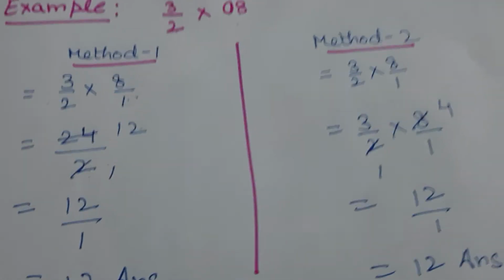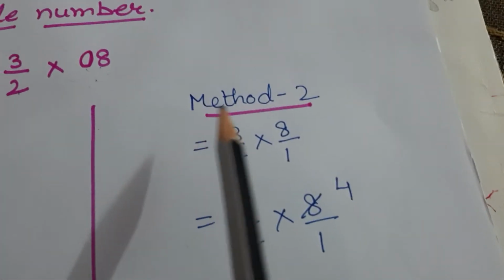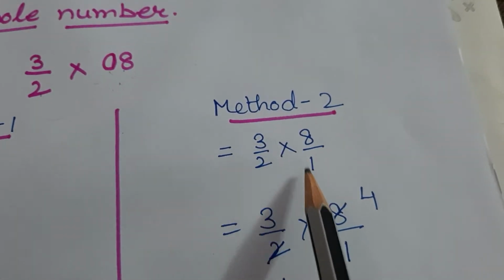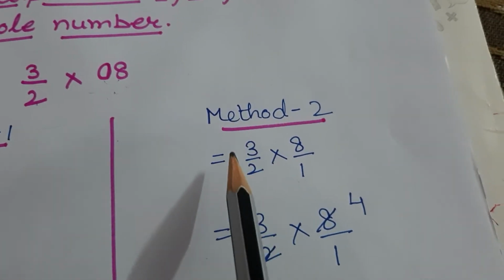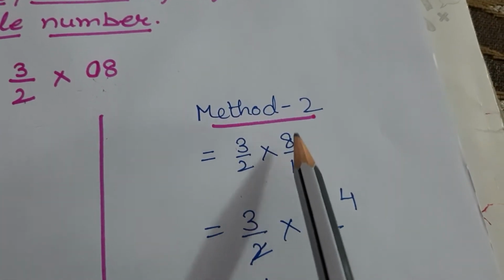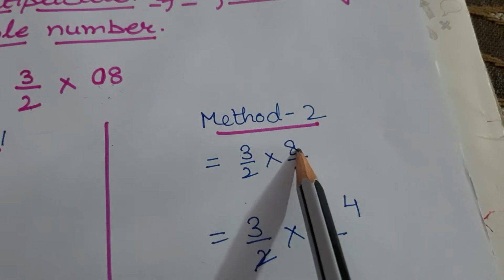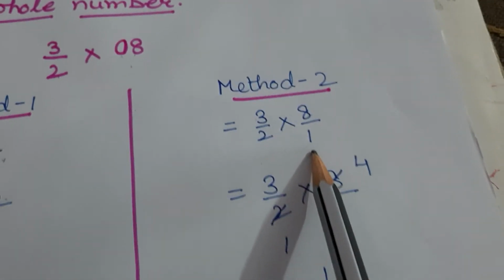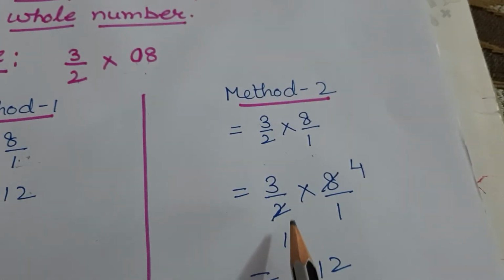Okay, now let's see the second method. In the second method also, in the first step we will write 3 by 2 multiplied with 8 by 1, because 8 is the whole number, so we will put 1 as the denominator.